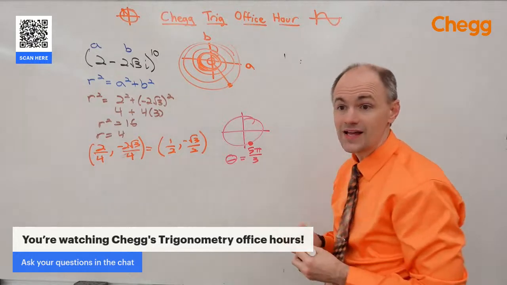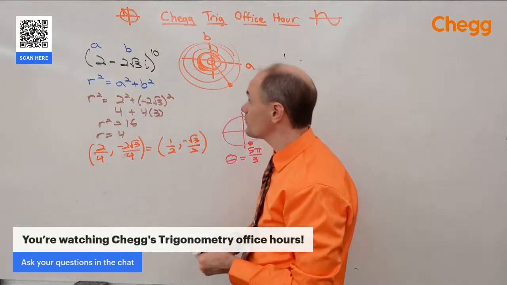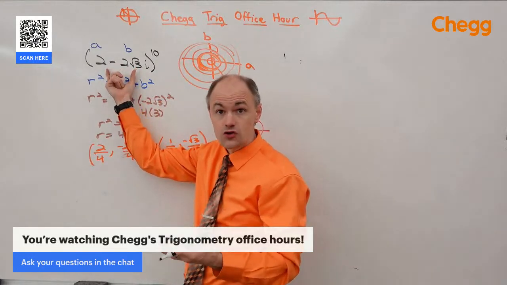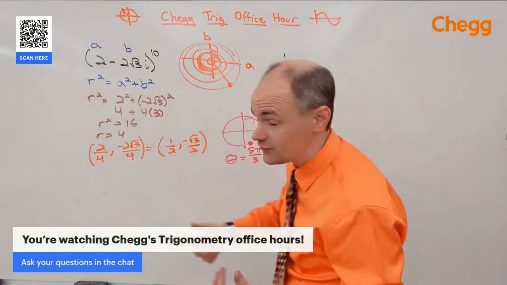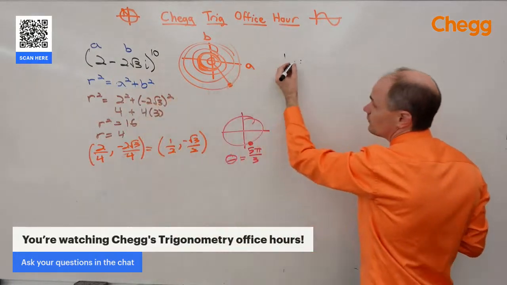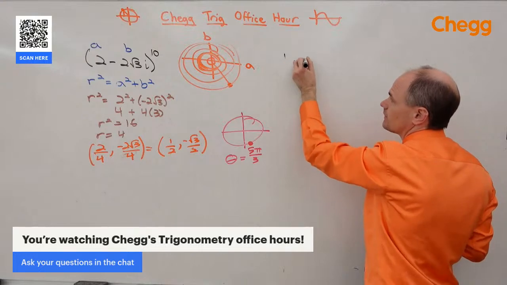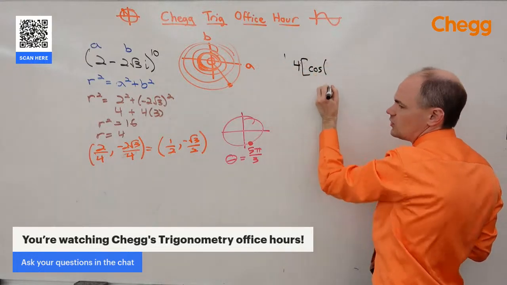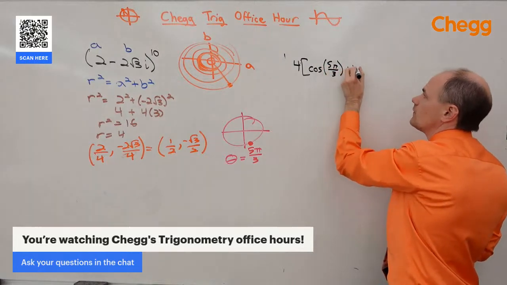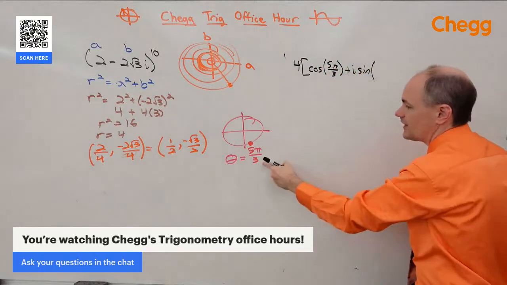That is my angle. So we're going to represent this complex number of 2 minus 2 root 3 times the square root of negative 1, i. That complex number can be rewritten as the radius times the cosine of my angle plus i times the sine of my angle.